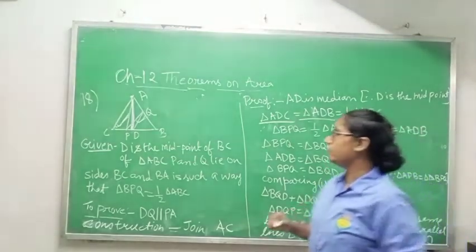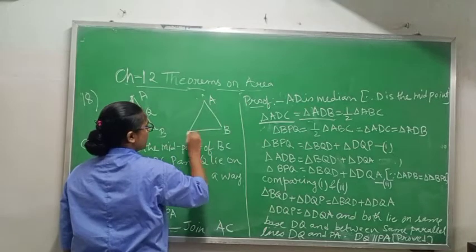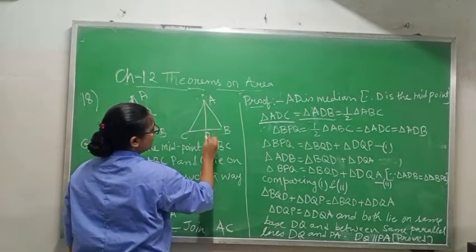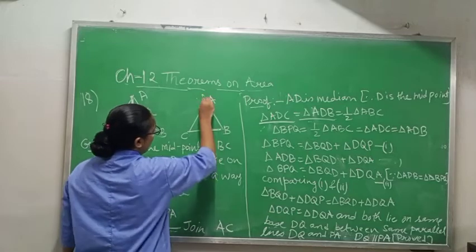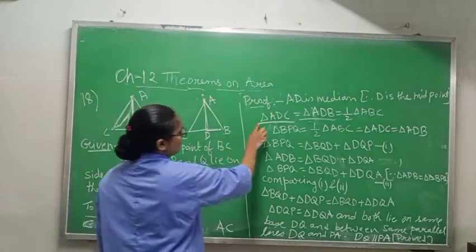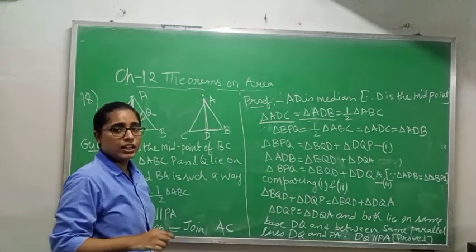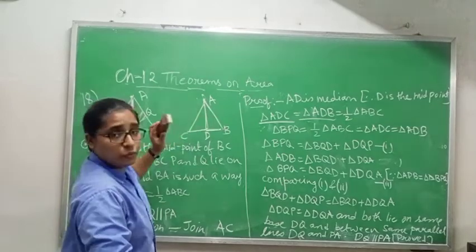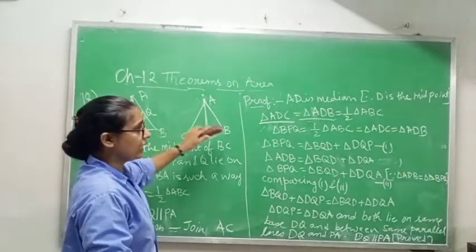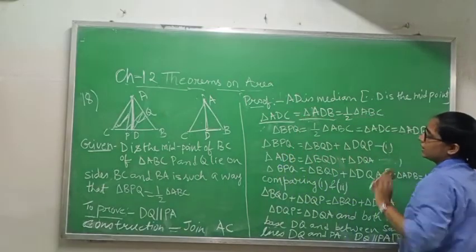Why? Because ABC is the full triangle, and AD is the median, so this half and this half. That is why I have written triangle ADC equals triangle ADB equals half of triangle ABC.